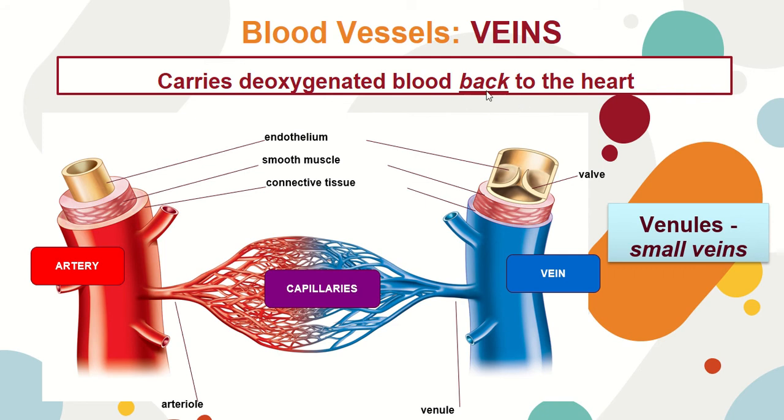Also, veins are thin, elastic blood vessels with a wider circumference and valves that only allow a one-way flow of blood. Unlike the arteries, veins cannot expand and contract to make blood flow. The small veins are called venules.